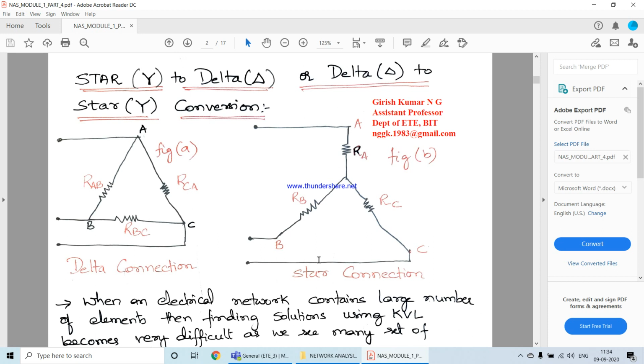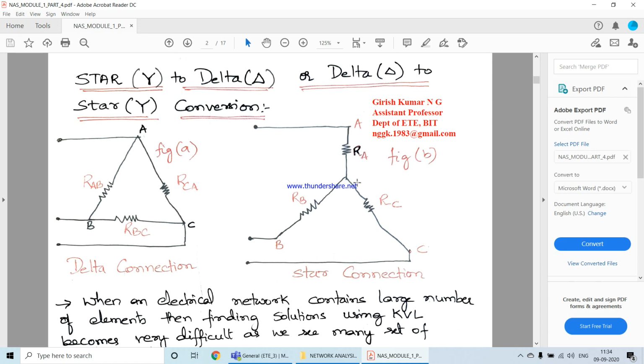Now coming to this diagram, this is the star network or the star connection, as we call it. It is quite similar to the star shape, and the symbol used here is Y, because it is in Y shape.